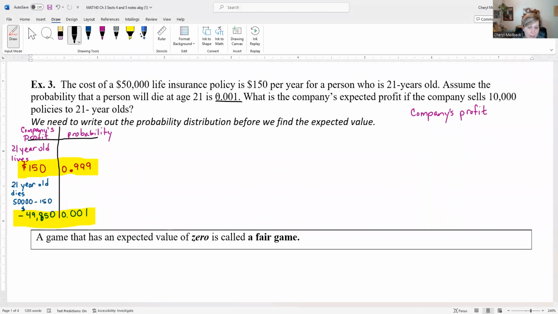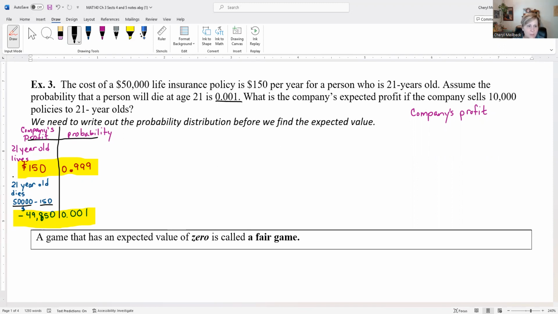So if we subtract that from 100%, or 1, we get the probability that they will live to be 0.999. Now, if the 21-year-old dies, they got his $150, but they have to pay him $50,000. So in actuality, they're really paying him $49,850 because that's the difference between those two.